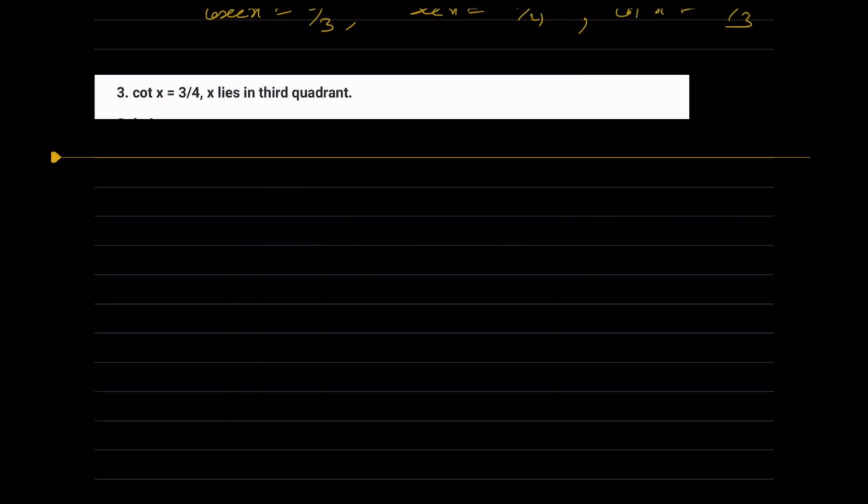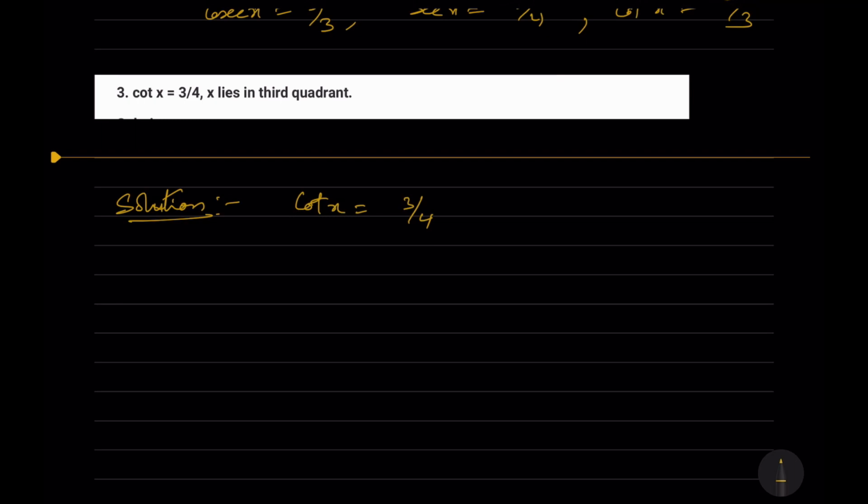Next we'll go into the third one that is given to us. Because from 1 to 5 problems we have to do it in this way, we have to find out all the trigonometric ratios. So here cot x is given. In this it is given that cot x is equal to 3 by 4 and it also lies in the third quadrant.